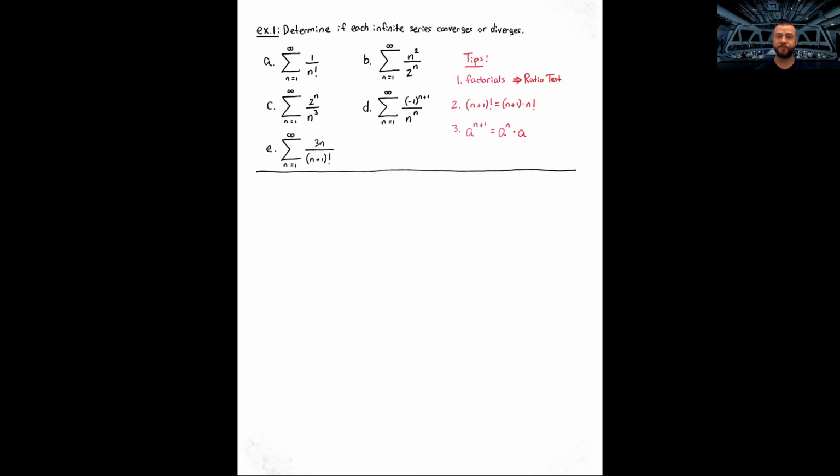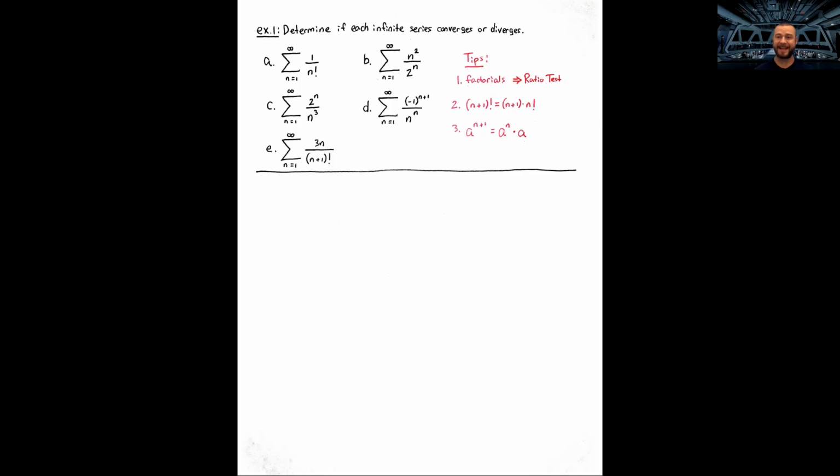All right, some of the terms here involve a number raised to an nth power. This is the third tip. If you were to replace n with n+1 with the ratio test, you might get a number raised to now the n+1 power. That's no problem. We can rewrite that, reversing basic properties of exponents.